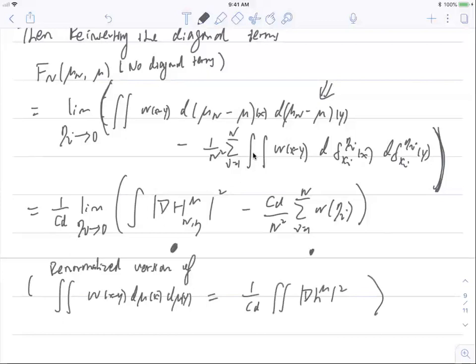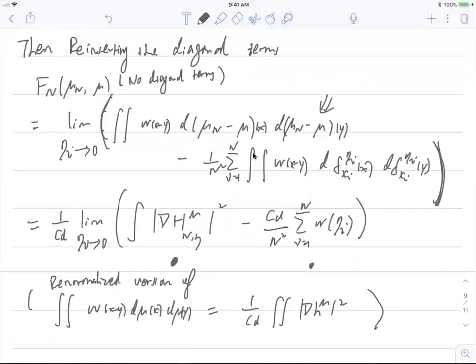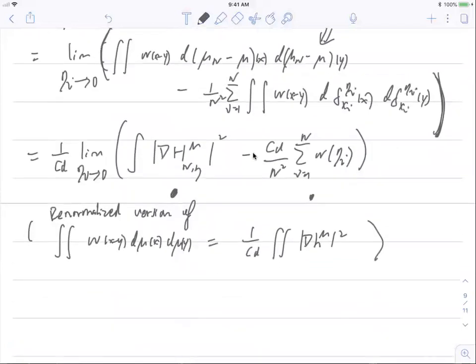So this is one critical part. There's another critical part.